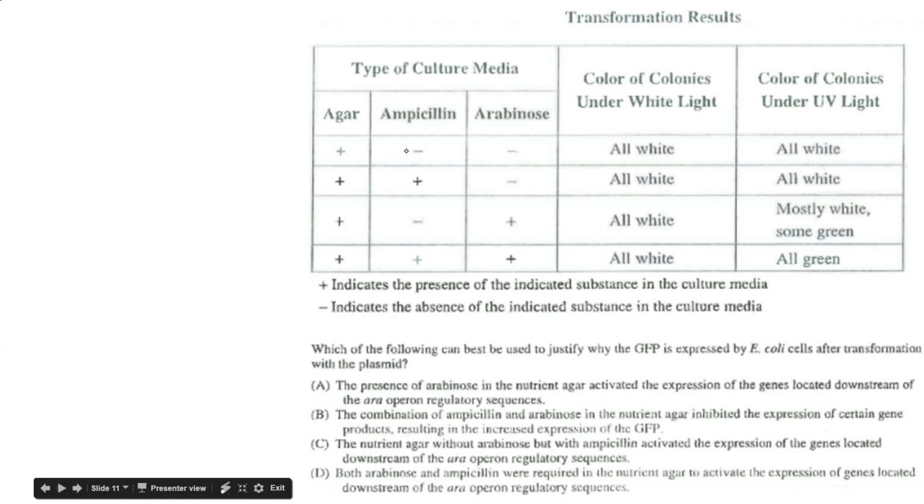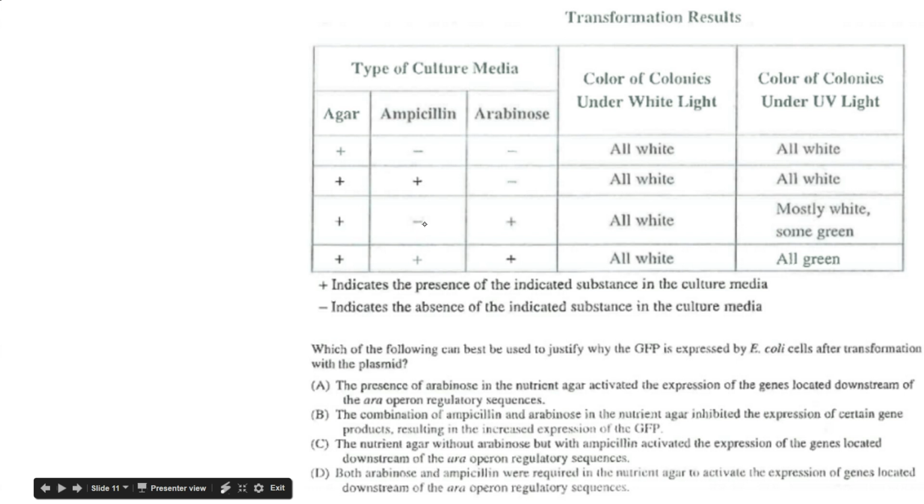So in this first one, there's no ampicillin, there's no arabinose. You grow the stuff on there, they are all white. Next one, you have agar, you have ampicillin, but you do not have arabinose. They are all white. The colonies grow because you transferred ampicillin resistance.